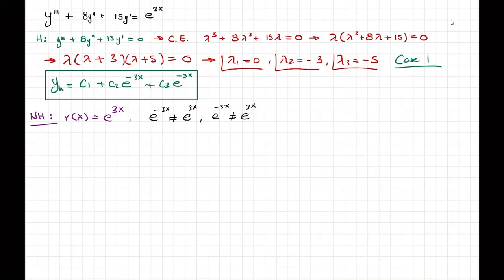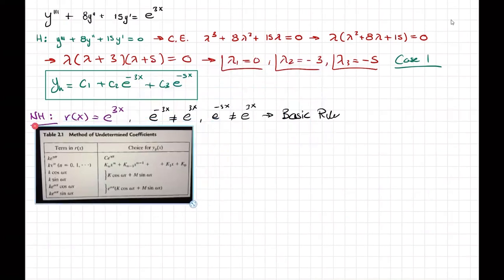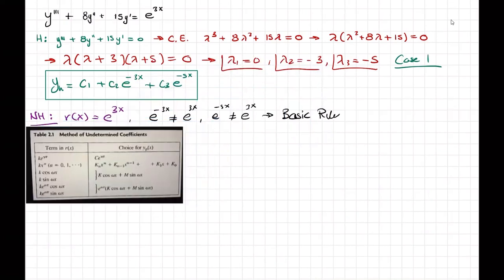Nor is the C1, which is just a constant here. So we can use the basic rule and our table. With this, our yp will be k e to the 3x.